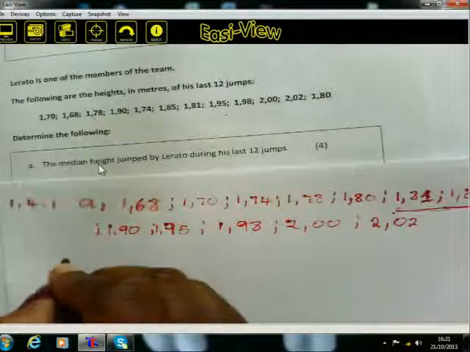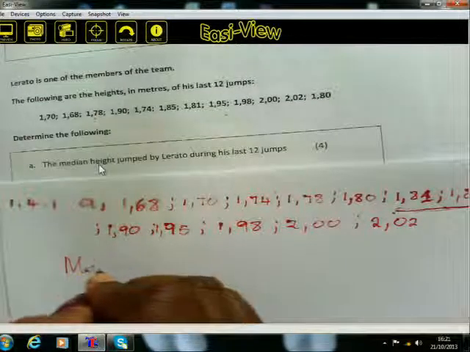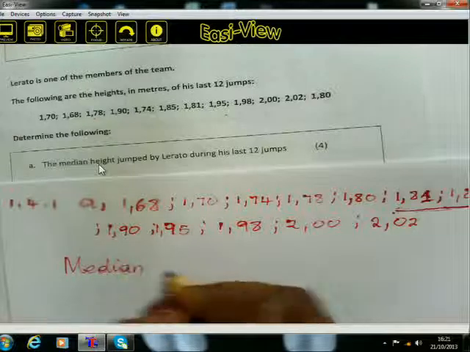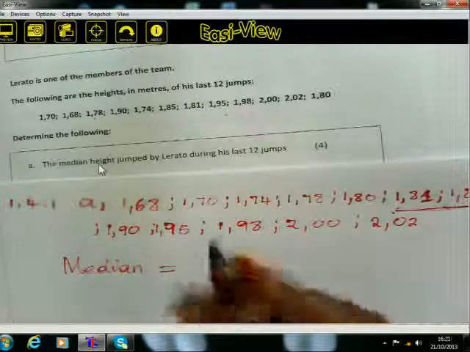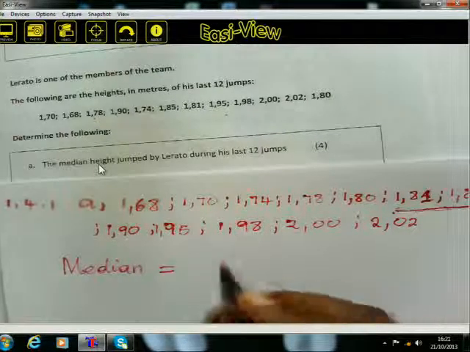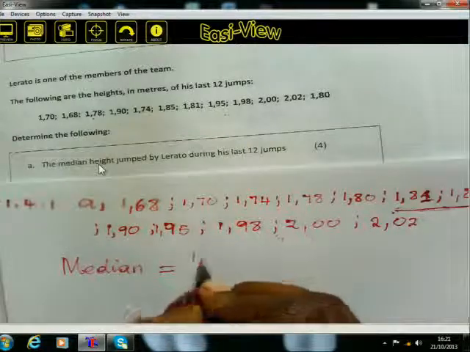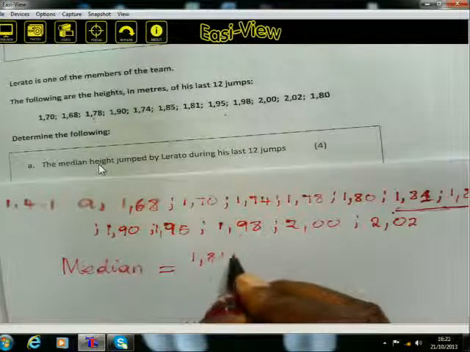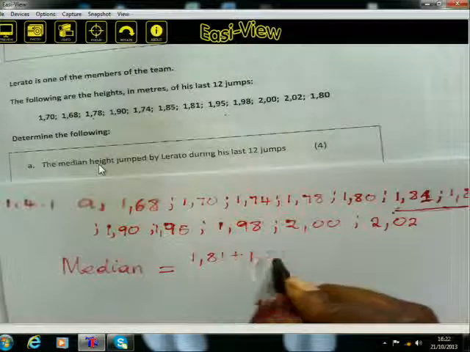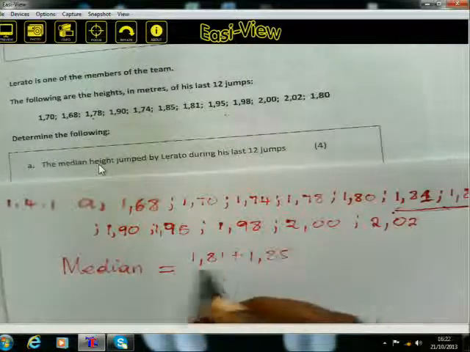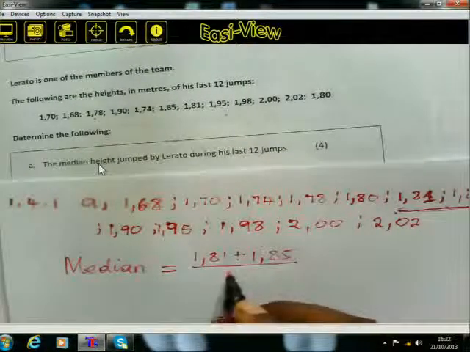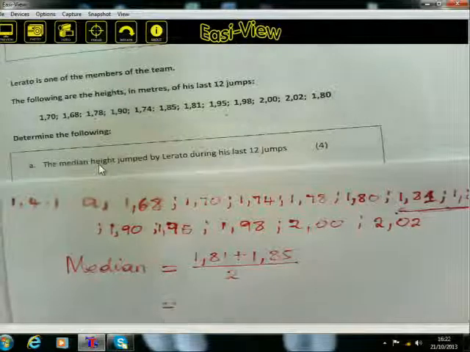So let us go and answer the question. You are requested to determine a median. So you write your 2 middle numbers, which is 1,81 plus 1,85. Then you divide it by 2 equals, let us go to your calculator.